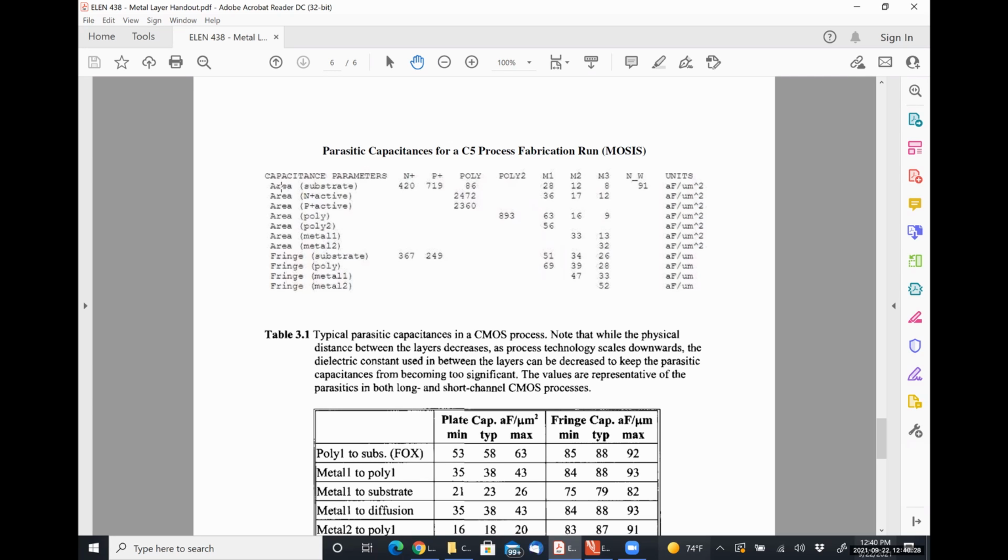So if you look in the left-hand column, the capacitance between the substrate and an N+ region is 420 attofarads per micron square. The capacitance between the P+ implant and the substrate, etc.